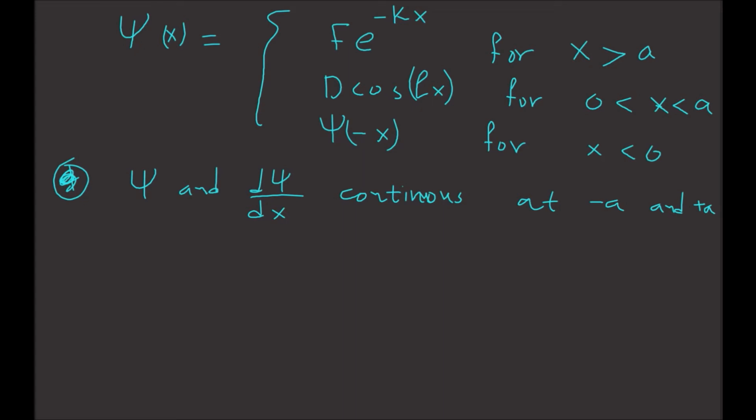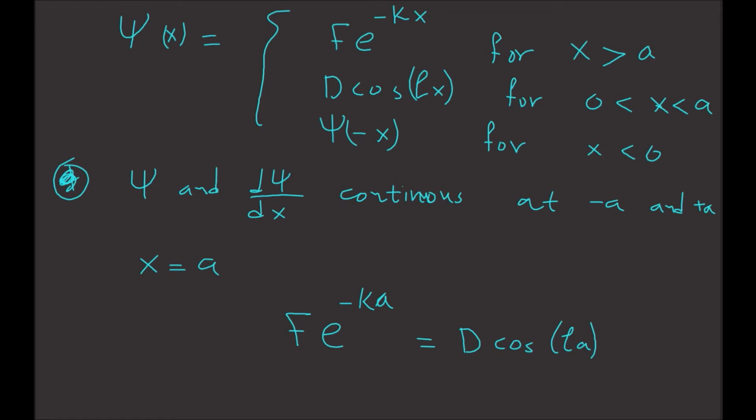So for the continuity of psi of x at x equals a, we have f e to the minus ka equals d cosine of L times a, right?